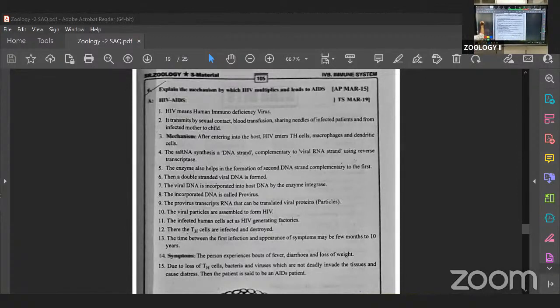We already discussed B cells. We completed that, and next the immunoglobulins, the second SAQ. The third one is humoral immunity.